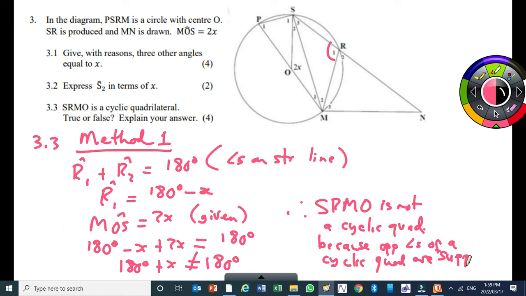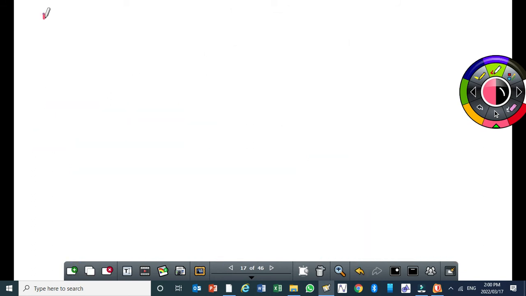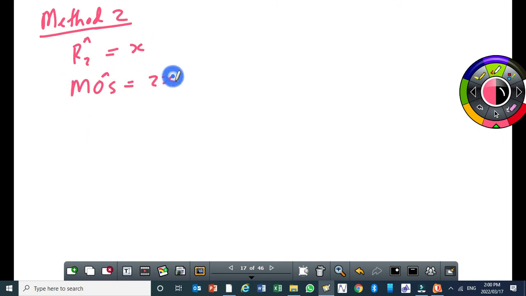Alright, let's move on to the second method. The second method is just to prove that R2 is not equal to MOS. If SRMO was a cyclic quad, then R2 is supposed to be equal to MOS. That will be a shorter way though. So method 2: R2 is equal to x, and MOS is equal to 2x.